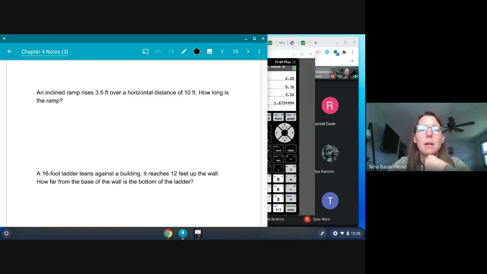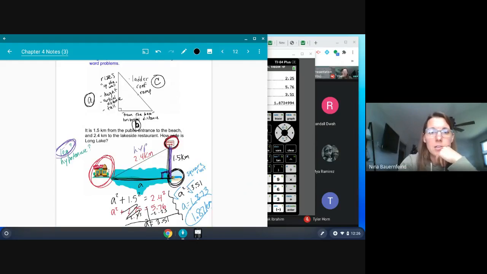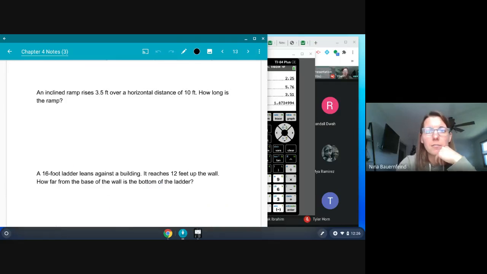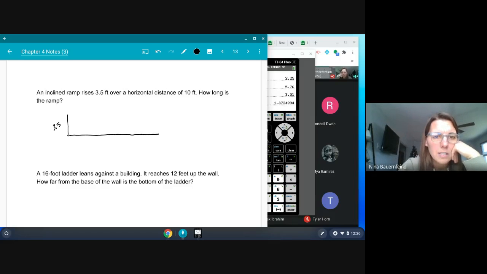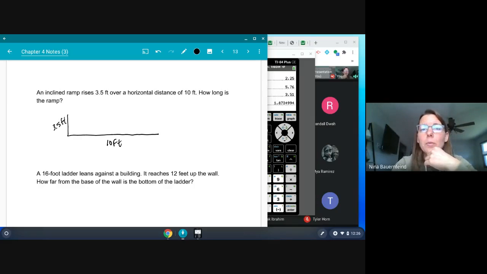So an inclined ramp rises 3.5 feet over a horizontal distance, which we said is down here, of 10 feet. So what we know is it rises 3.5 feet over a horizontal distance of 10 feet. How long is the ramp? And that was also on our picture. We said that the ramp is this one.